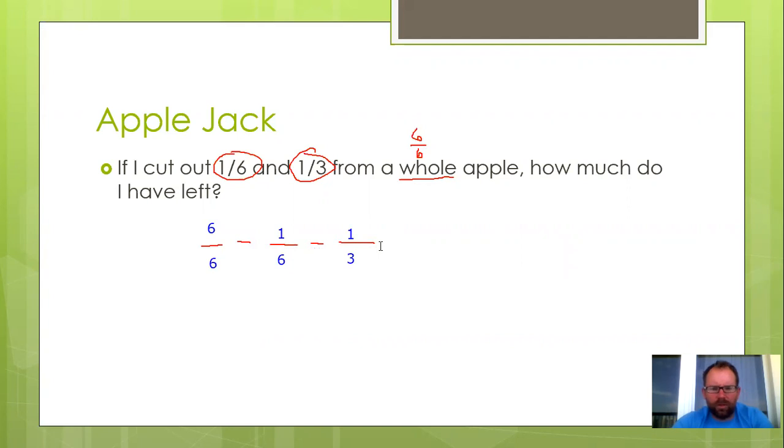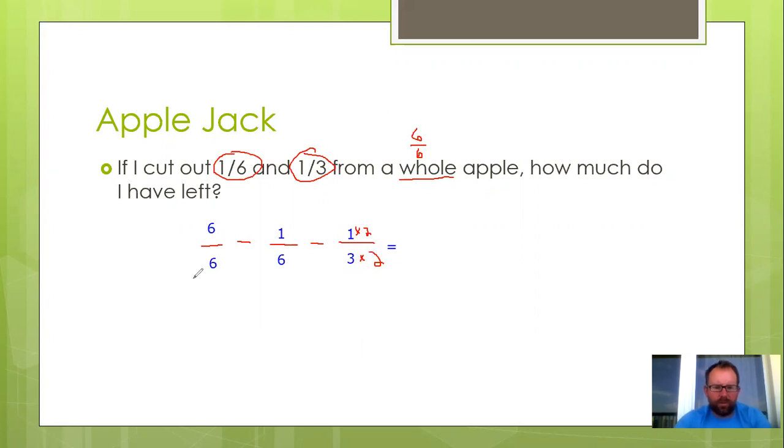Okay, so what we're going to get is that this is equal to, well, what we got to do here, let's change this 1/3 into a common denominator with 6. So 3 times 2. Can't subtract that without changing the denominator, can we? So 3 times 2 and 1 times 2.